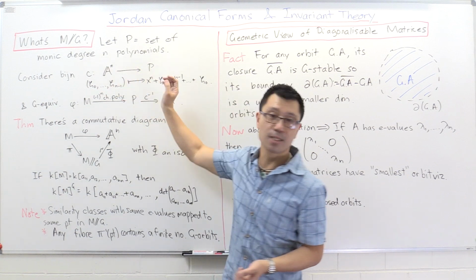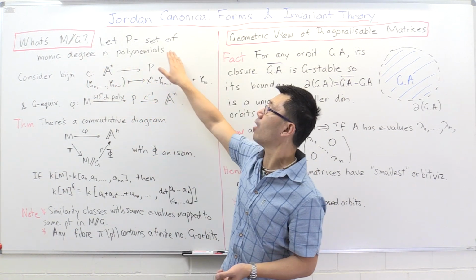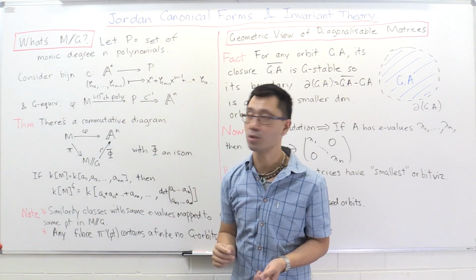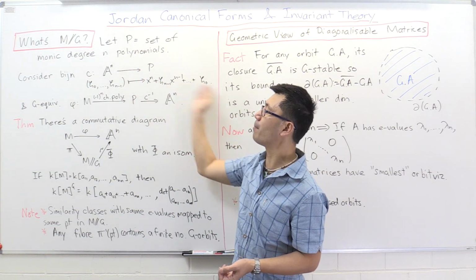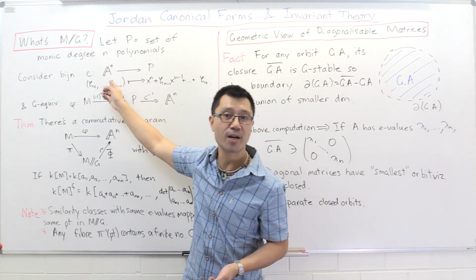So let's start by setting up the notation so that I can describe what this set is. We'll start with the set P, which consists of monic degree n polynomials. So here you have a monic degree n polynomial, and these are in bijection with what? With the points in affine n space.